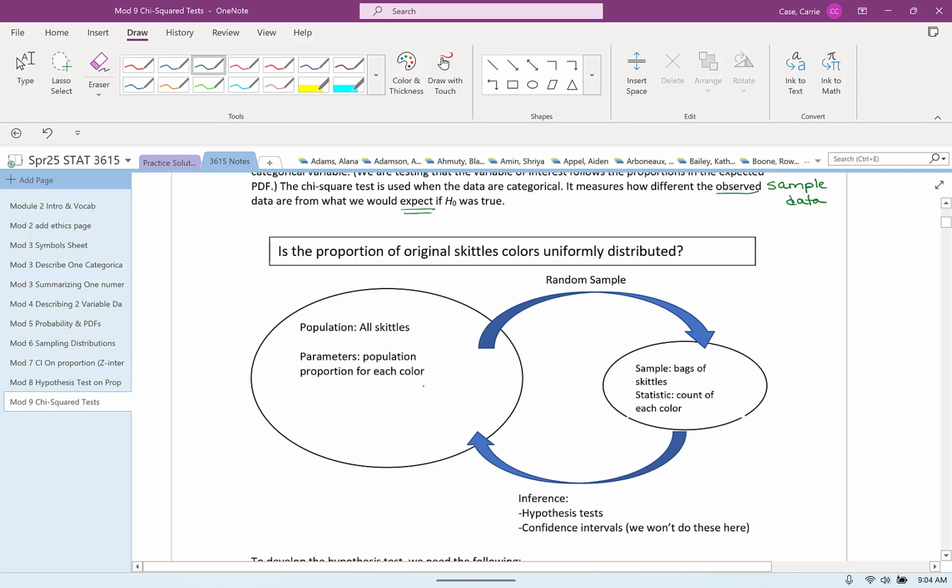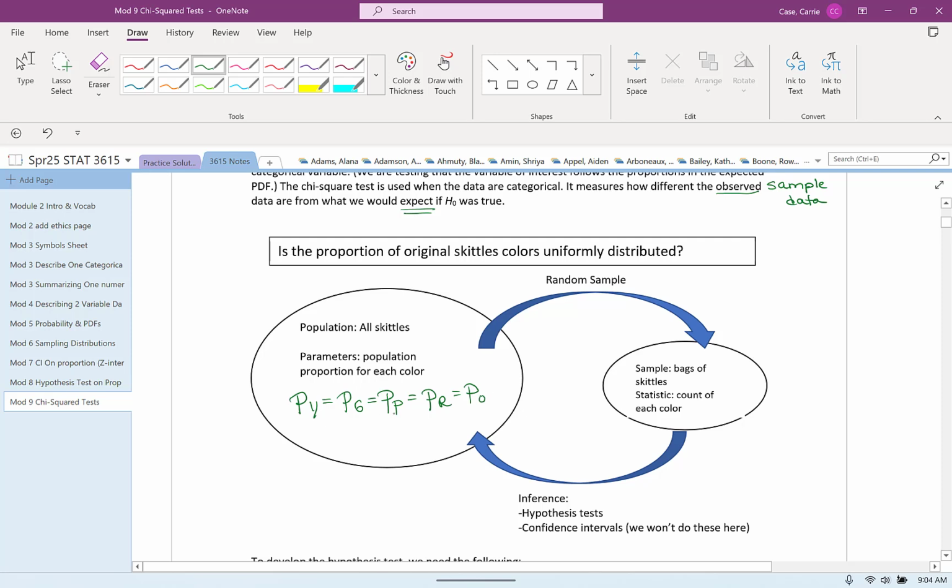So what we're interested in is the proportion of the population. So is the proportion of yellows equal to the proportion of greens, equal to the proportion of purples, equal to the proportion of reds, equal to the proportion of, and I'm missing orange.